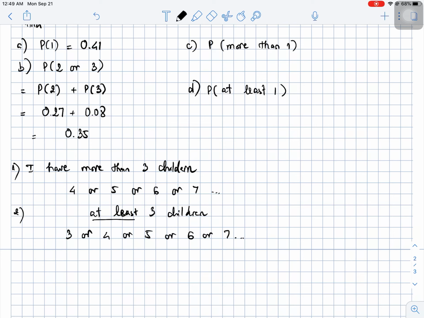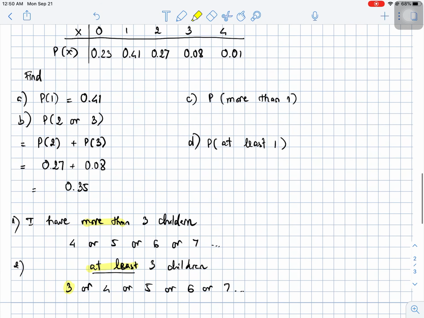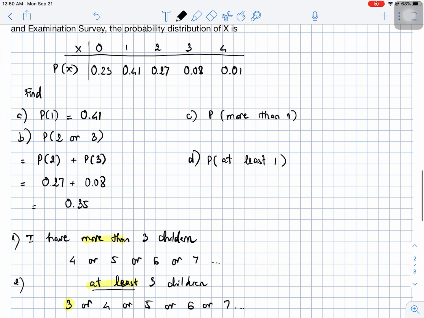So more than and at least, they are both talking about numbers from 3 up, but the 3 is included in the at least, while 3 is not included in the more than. So we go back to our example C.